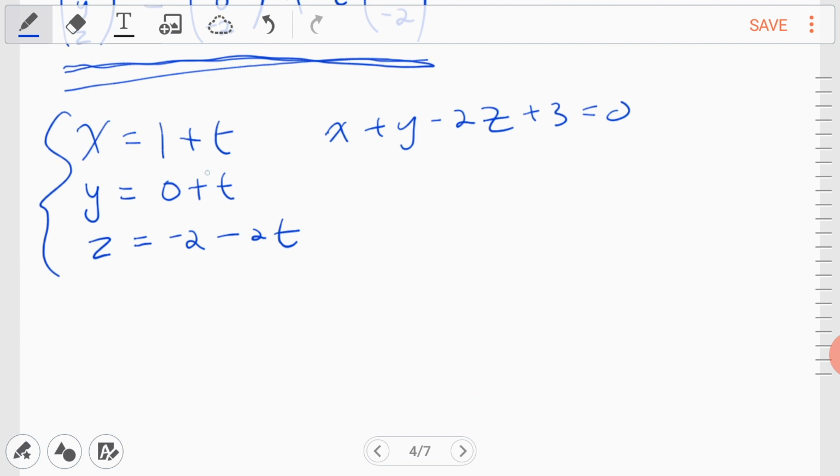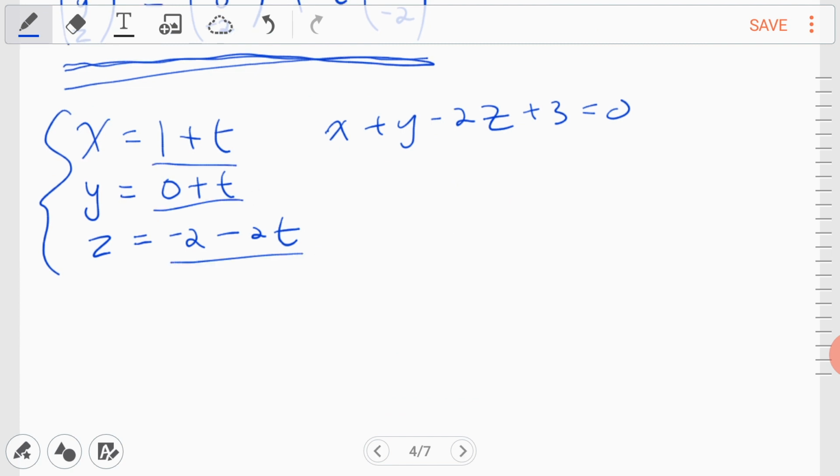Plugging these three parameters in, we get (1 + t) + t - 2(-2 - 2t) + 3 = 0. Let's solve for t.